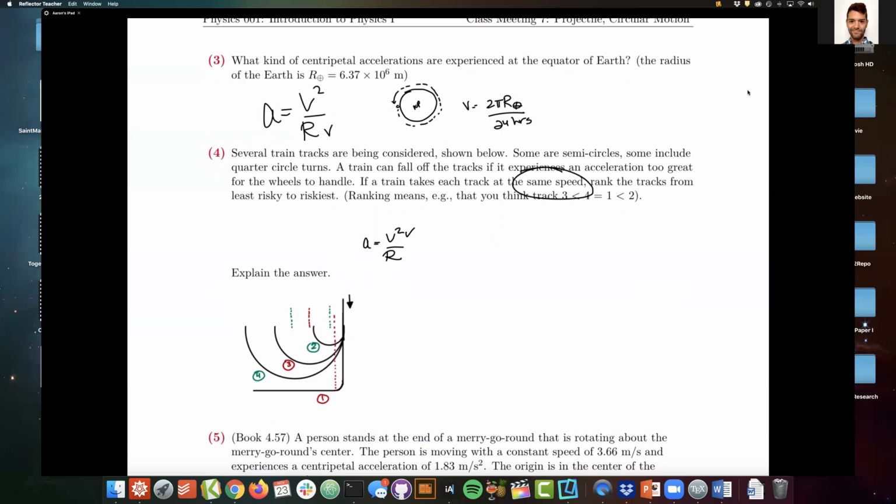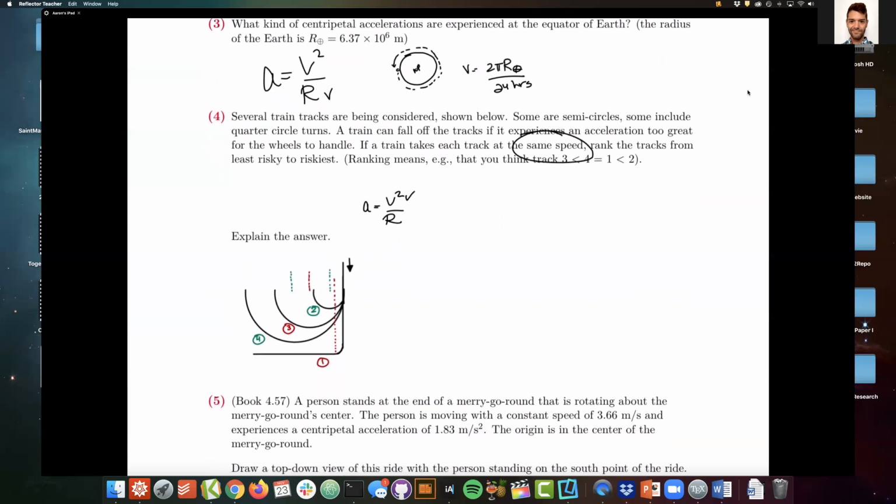So in this case, whichever one has the largest radius is the safest. Least risky to riskiest: 4 is the least risky. 3 has a smaller radius. 2 is an even smaller radius. And 1 has the smallest radius.